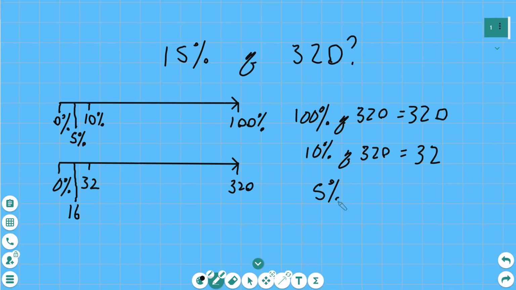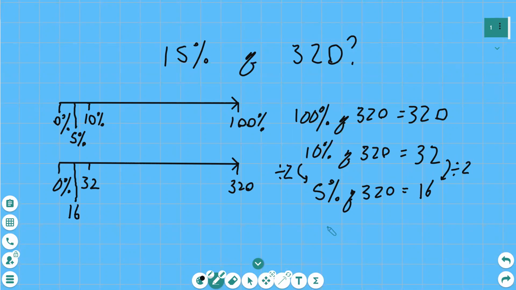So 5% of 320 is 16. So now, because that's half, we could say divide by 2 there, couldn't we? Put a little divide by 2 there.